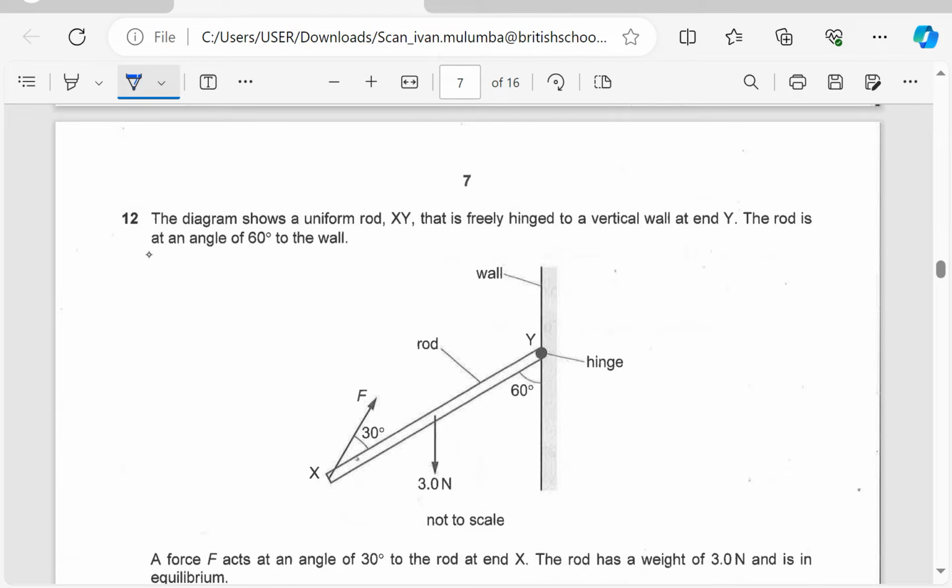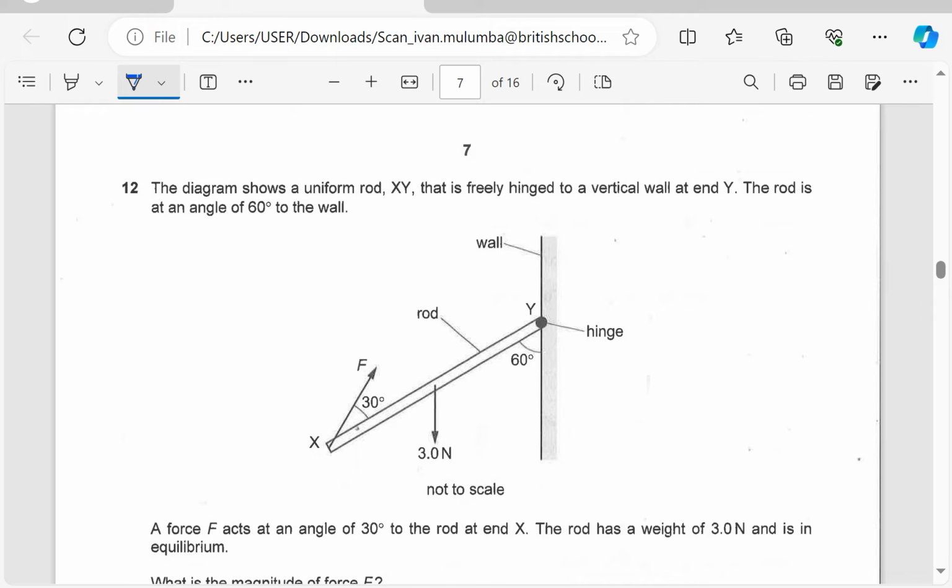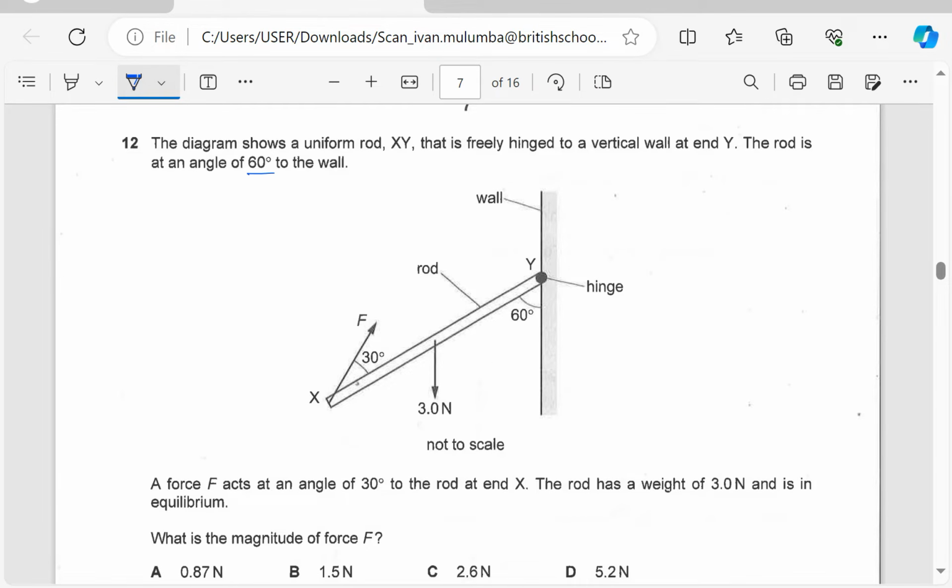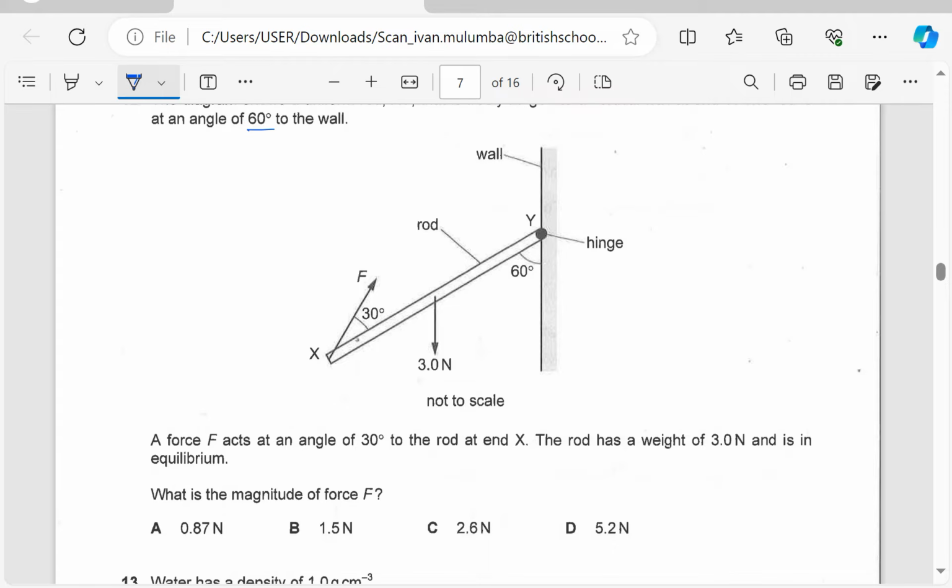The diagram shows a uniform rod XY that is freely hinged to a vertical wall at end Y. The rod is at an angle of 60 degrees to the wall. A force F acts at an angle of 30 degrees to the rod at end X. The rod has a weight of 3 newtons.